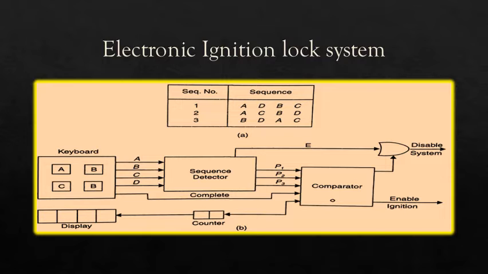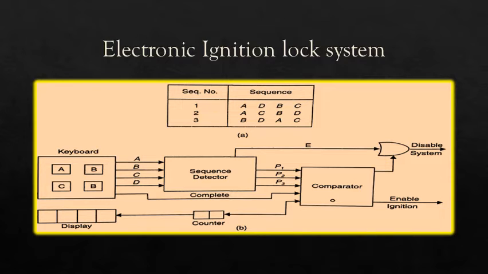The information is compared by the comparator with the number of the sequence that was displayed. If they agree for sequence 1 or 2, the counter is stepped to the next number to start the next sequence. After agreement on sequence 3, the ignition is turned on. If the pulse received by the comparator does not match the content of the counter, a disabling error signal is issued by the comparator.